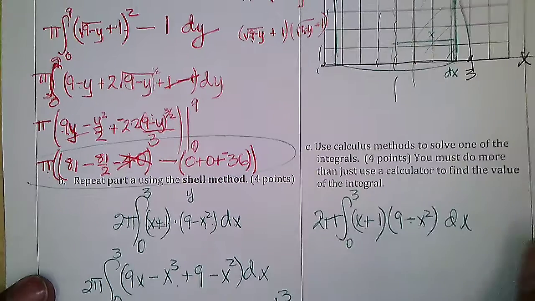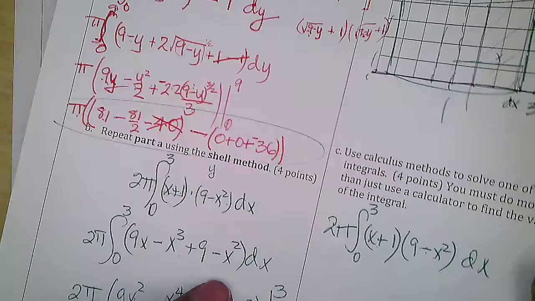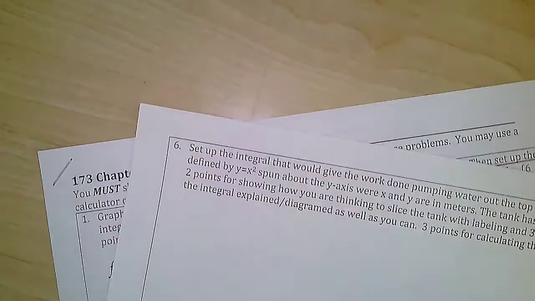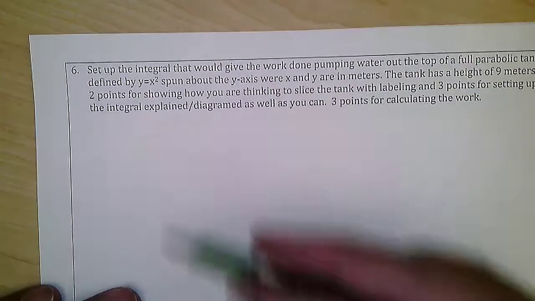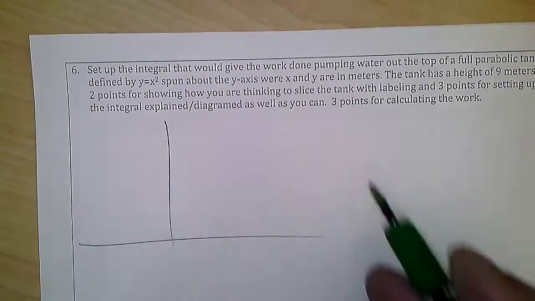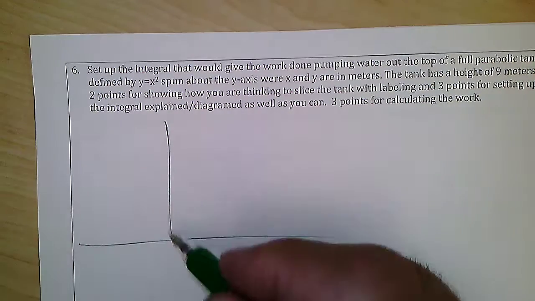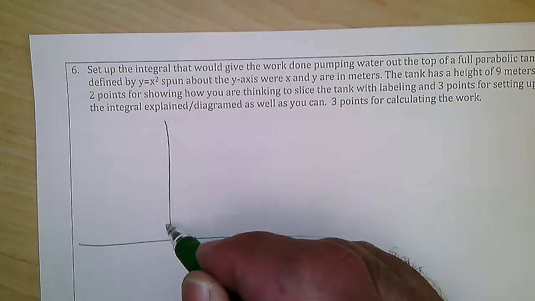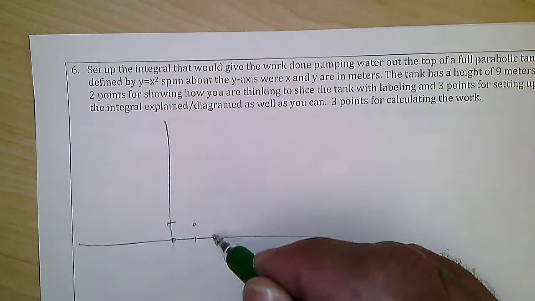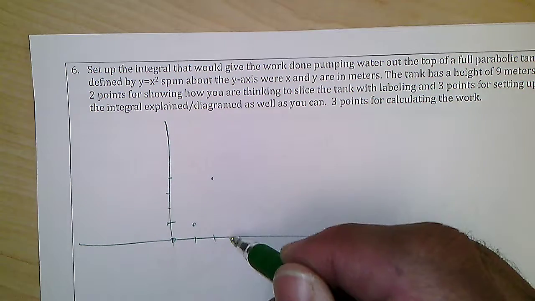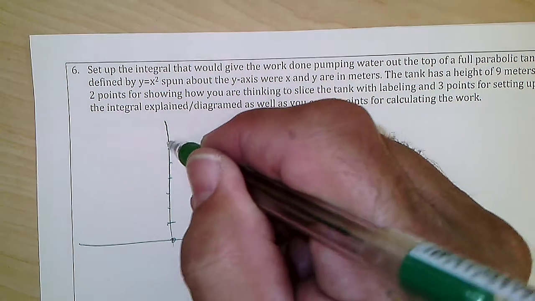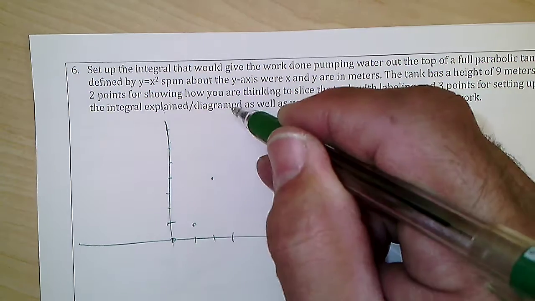Okay, and the final problem. I'll try to keep it on the screen. All right. y equals x squared goes from 0, goes to 1, 1, 2, 4, and 3, 5, 6, 7, 8, 9 up here somewhere.